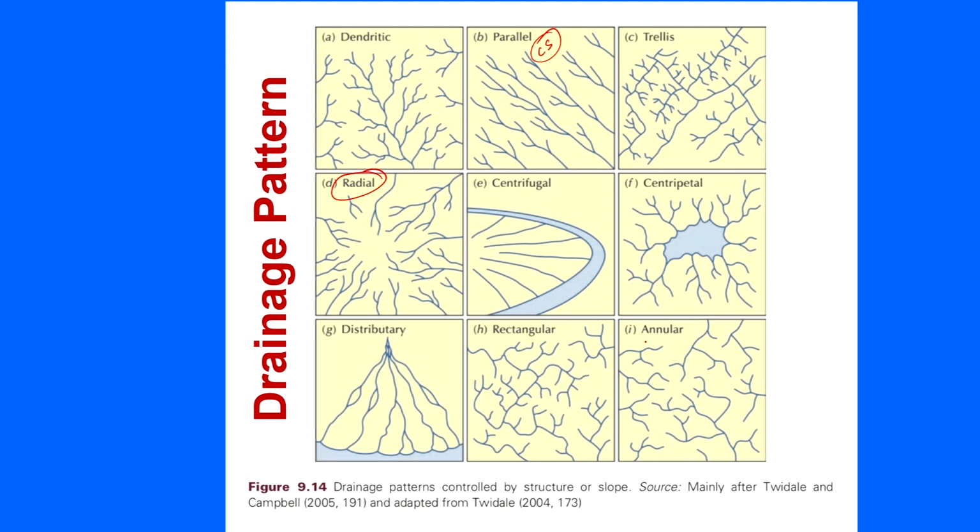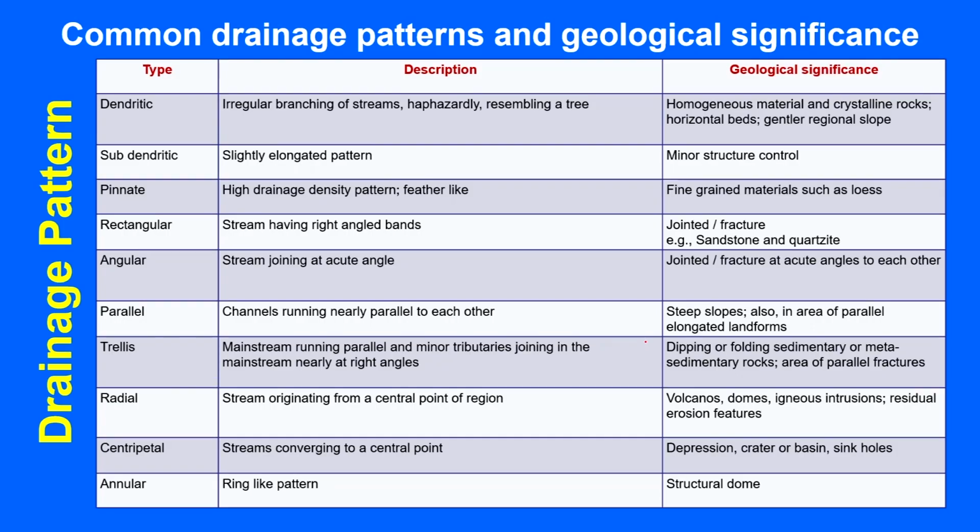You will be looking at many such patterns. Okay. A few of them are listed here, from the type, that is dendritic, right up to annular, and the description is also given here, of how it looks. Okay. As I was talking about, a trellis looks like a tree. Then what will be the geological significance? Okay.